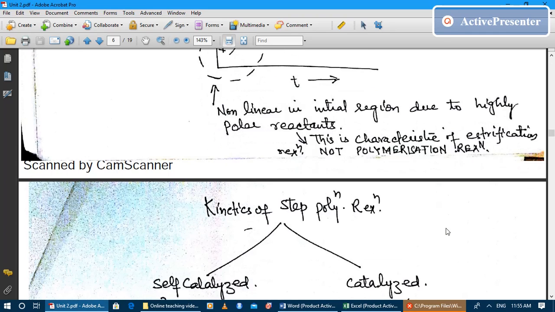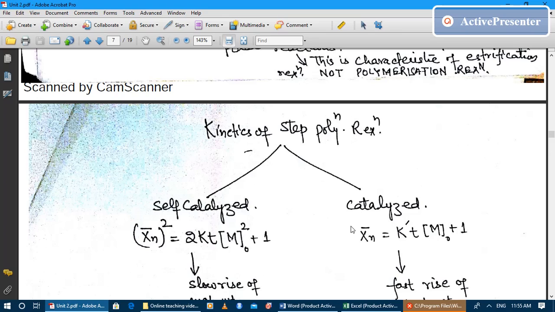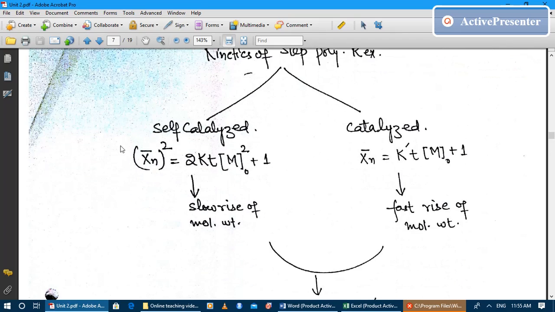Okay. So now let us compare the kinetics of self-catalyzed and externally catalyzed polymerization reaction. In case of self-catalyzed, my equation is xn bar square is equal to 2 times K t M naught square plus 1, whereas in case of catalyzed polymerization reaction, xn bar is equal to K dash t M naught plus 1.